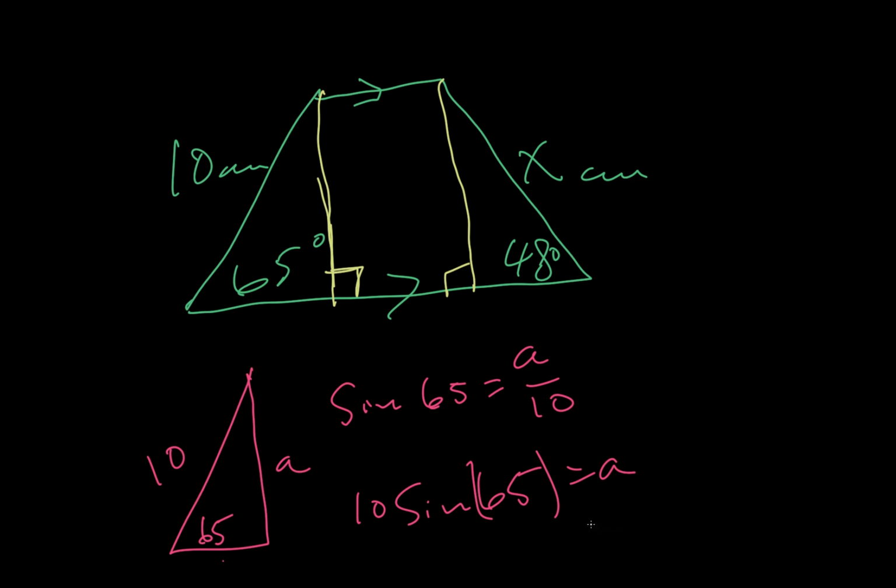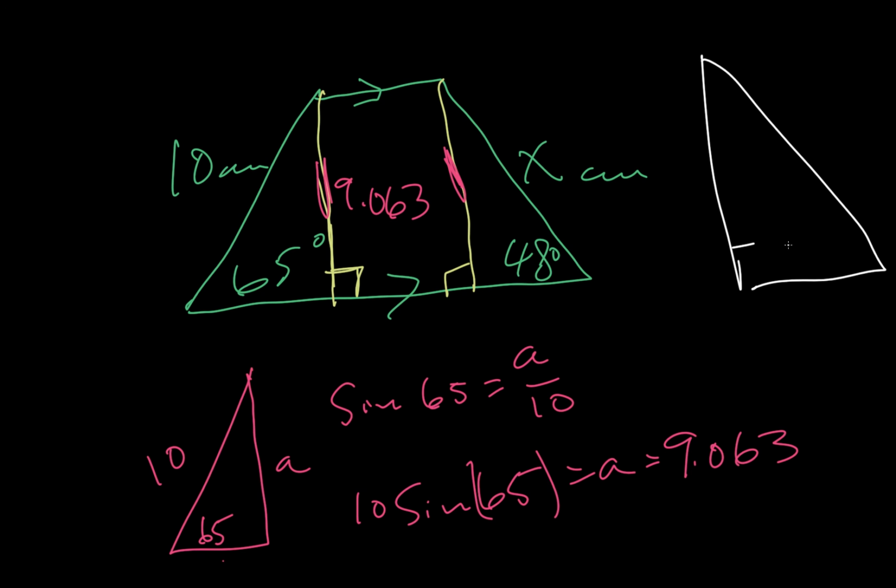Okay, so that's 9.063 for this line, and then this one's also the same. So now we're going to look at this triangle. So it becomes 9.063, 48, and x. Once again, we have opposite over hypotenuse, so that's sine again.